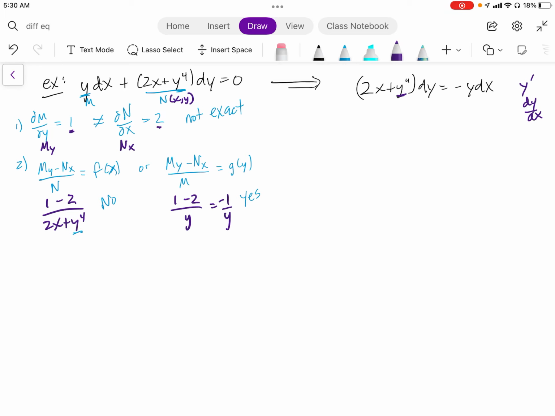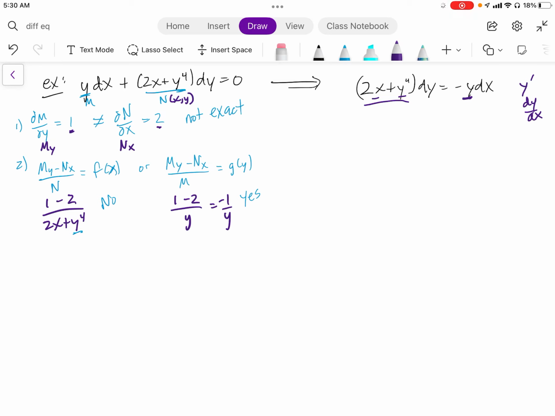It's because here, if I divide by negative y, we can divide each of these terms by that y and then break this up. But if I divided by this 2x plus y to the fourth on both sides, I would kind of be stuck.